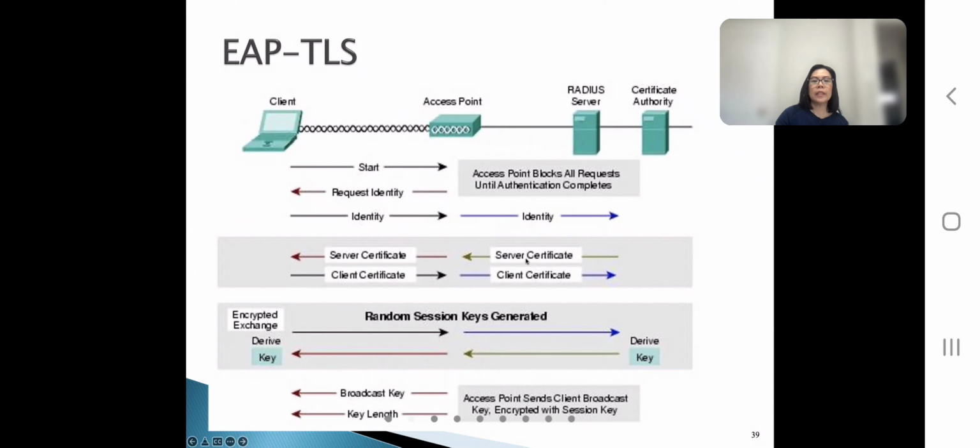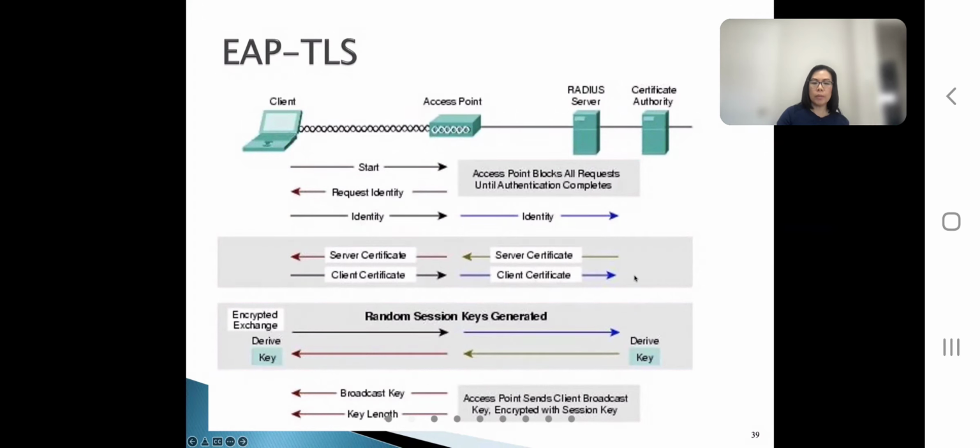So the server sends a certificate to the client. Now the client knows that the server of the network is trustworthy. At the same time, the client sends its own certificate back. It sends its certificate to the access point, and then the access point sends it to the server, and the server will verify this certificate to make sure that, again, the client is trustworthy as well.